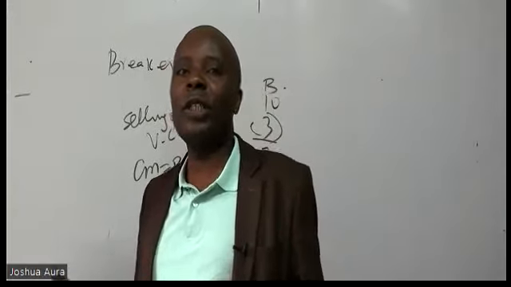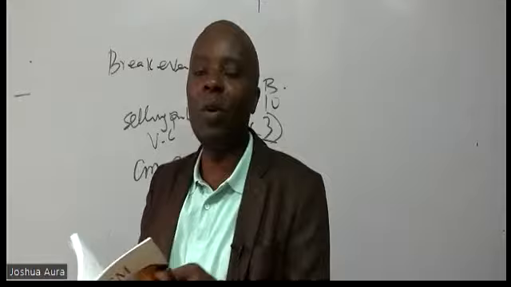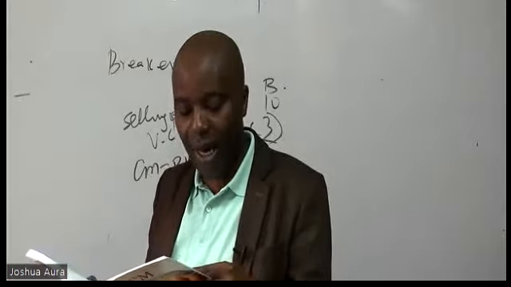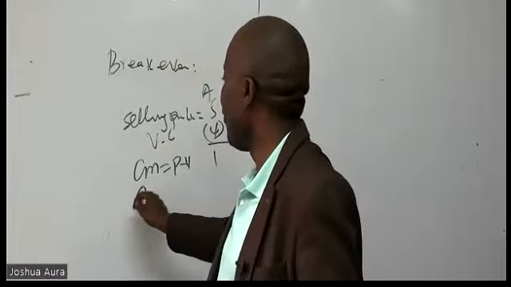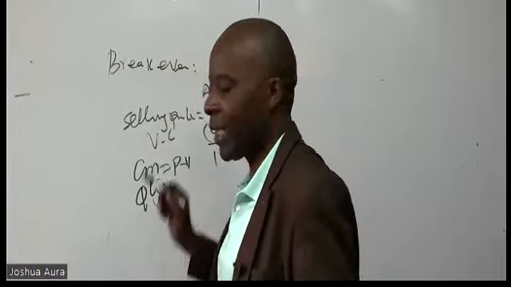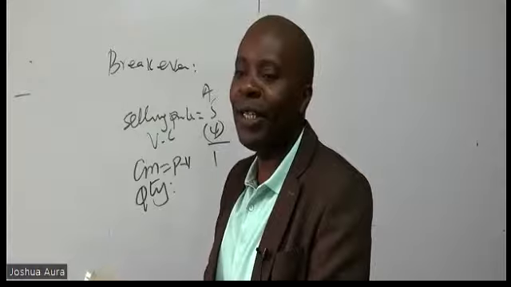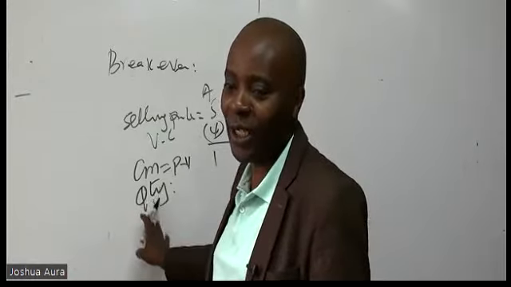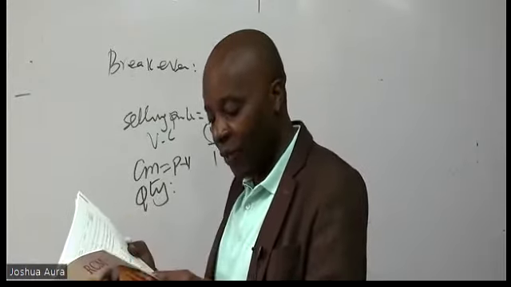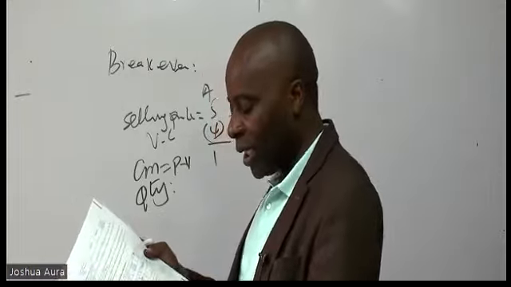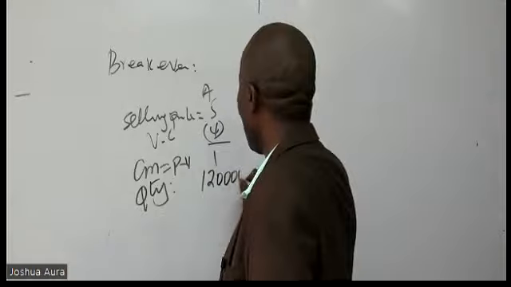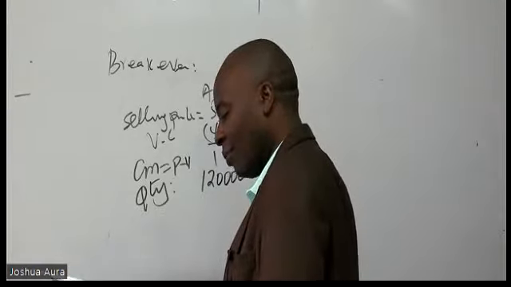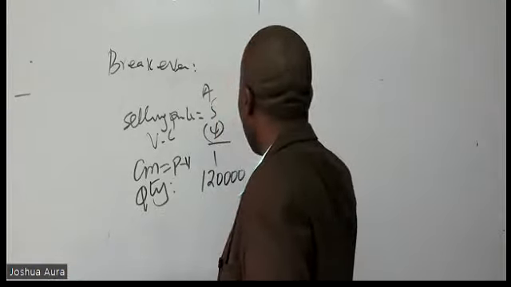Having gotten this, the next thing I will think about very fast is the sales units, the quantity, for purposes of getting the weights. Please don't use sales in Kenya shillings to get the weights. The quantity for product A is 120,000. The quantity for B is 40,000.